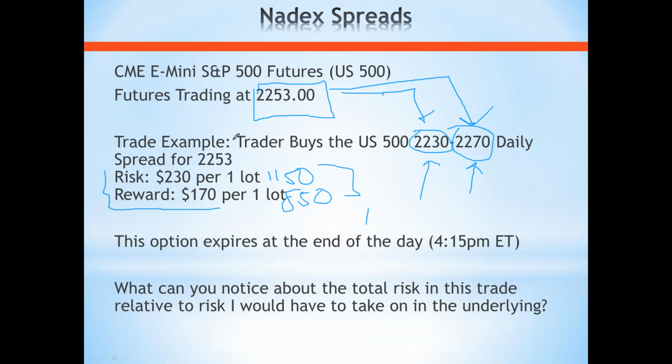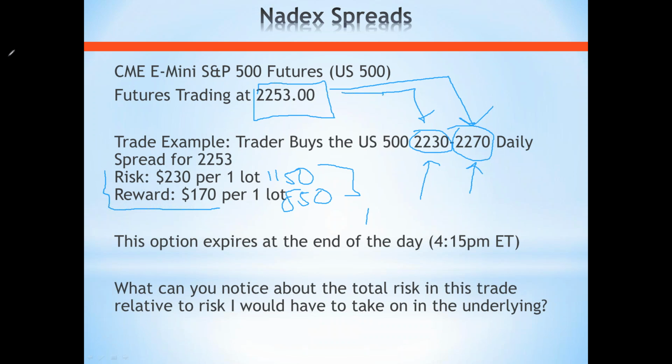But the drawback of these particular spreads, just like with any derivative, there are trade-offs, right? Not only is my risk limited, but my reward is limited as well. And I don't have to consider the floor and ceiling to be my profit target or my stop loss either.